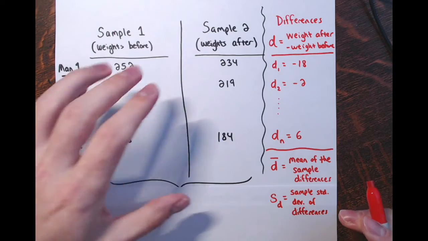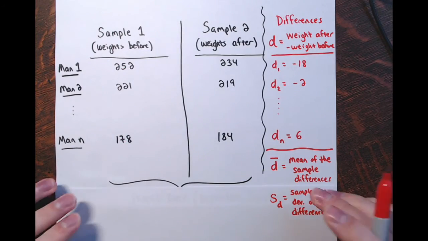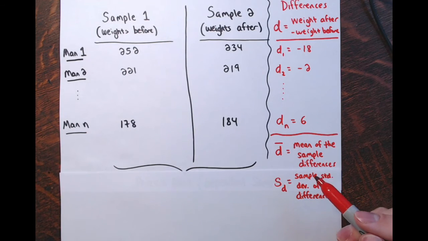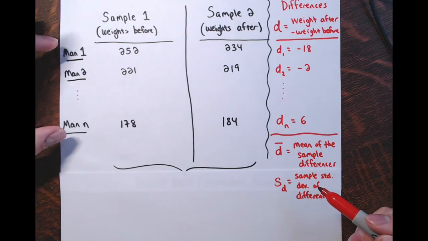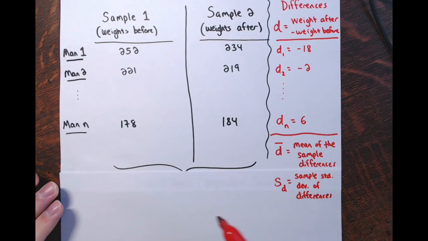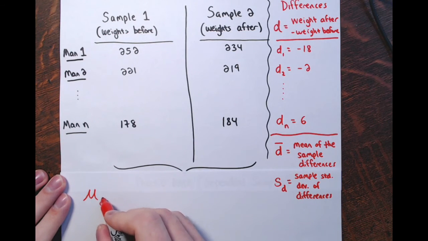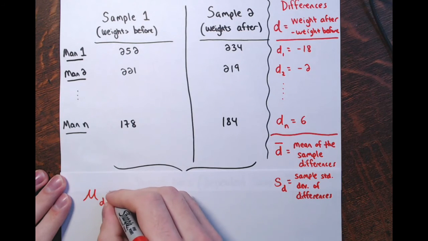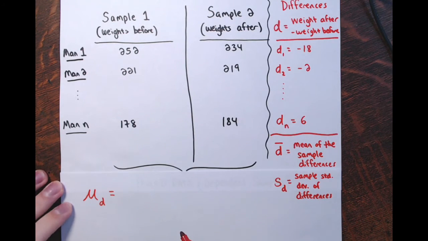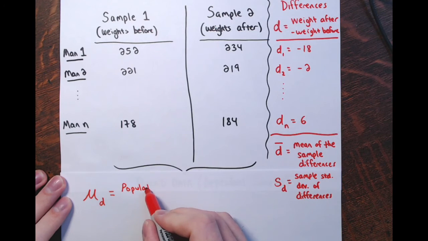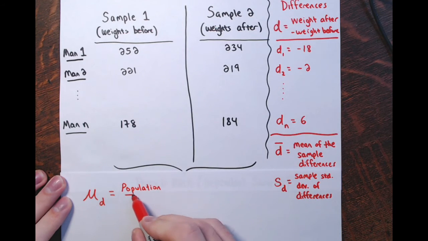Now, every hypothesis will be about, well, what if I did this for every overweight man, right, instead of just this sample? So you're going to see mu sub D, right? All the hypotheses will be about this value. This is the population mean difference.